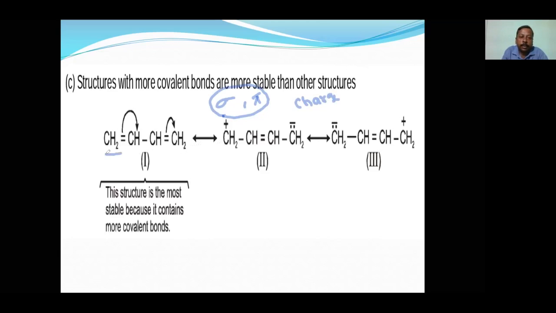But in this structure, the electrons are lying in the bonds, whereas here the electrons are in the lone pair. Therefore, the structure with more electrons in sigma or pi bonds is considered more stable. This is somewhat similar to the previous one, but a slight modification.